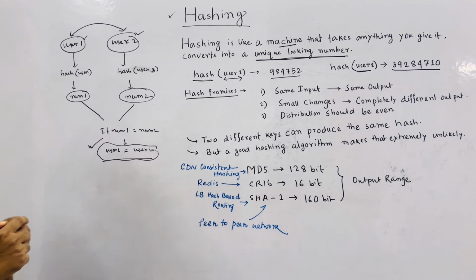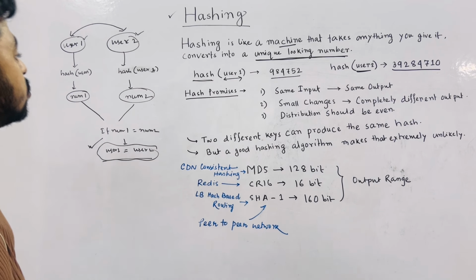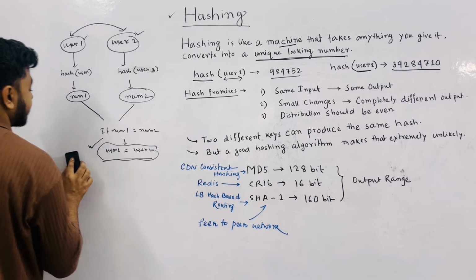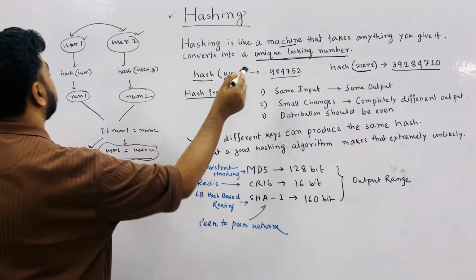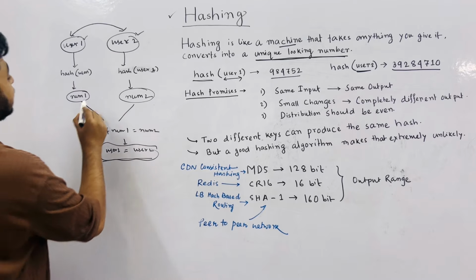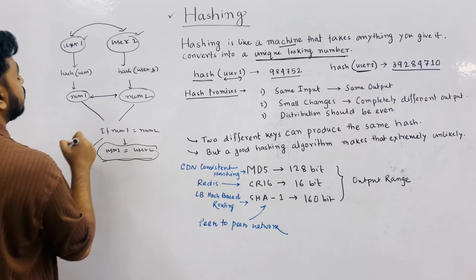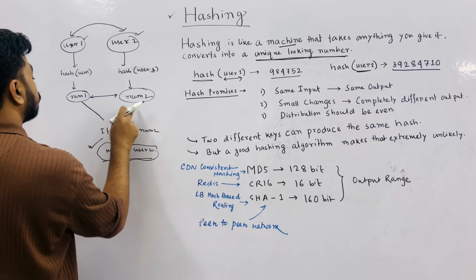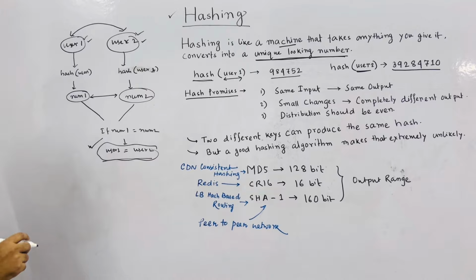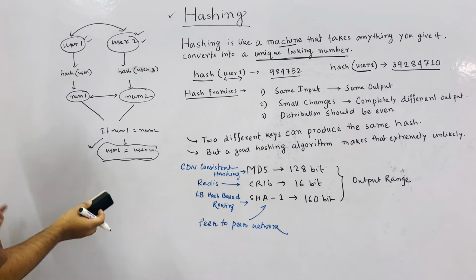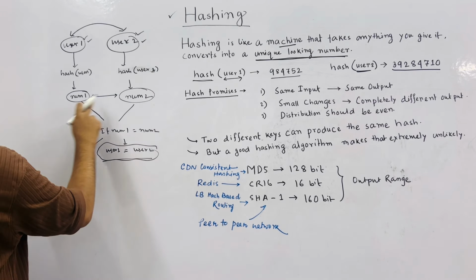Why is it not guaranteed? What has actually been promised to us, right? Because just now I told you it will generate a unique looking number. Now I am telling you it is not guaranteed that even though number 1 and number 2 are the same, user 1 and user 2 may not be the same, right? Then does it not promise to generate a unique number?